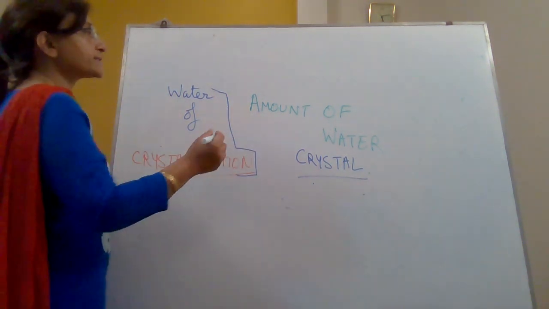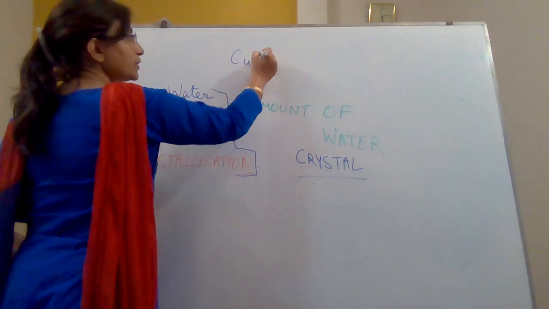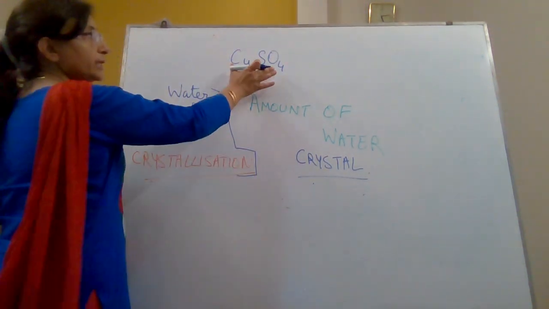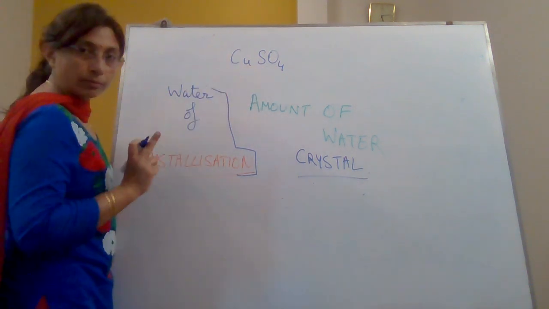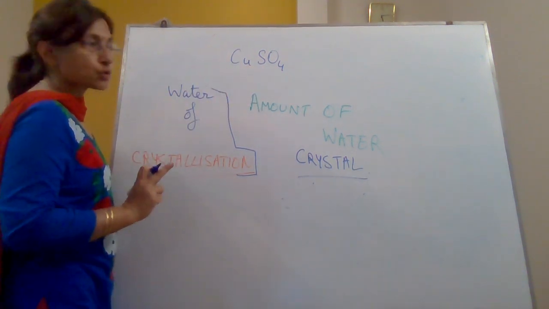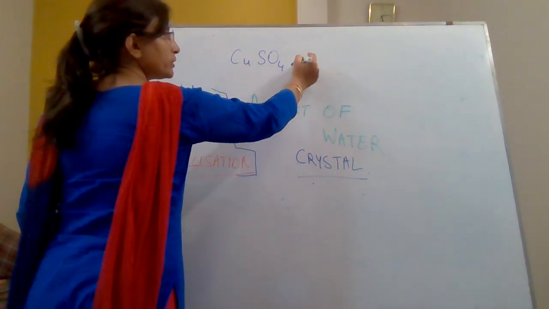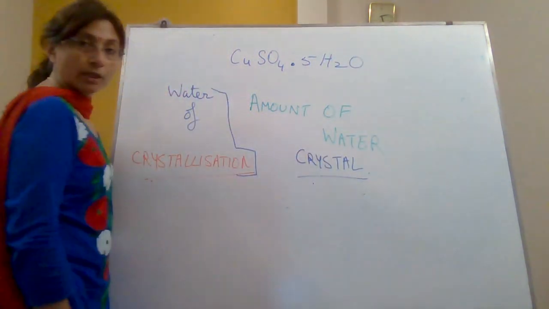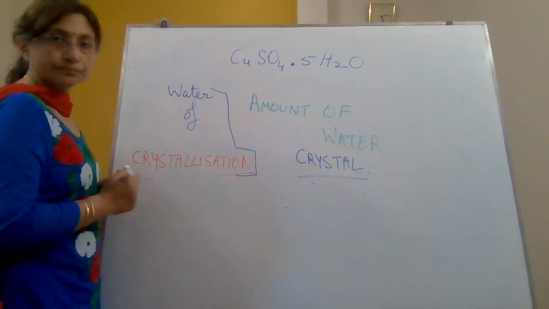However, एक example देखिए, CuSO4, right? ये क्या है? This is one molecule of CuSO4·5H2O. अब इसका मतलब क्या हुआ?